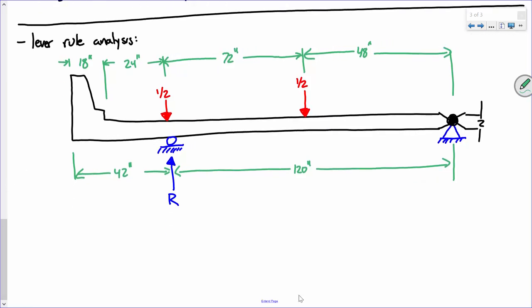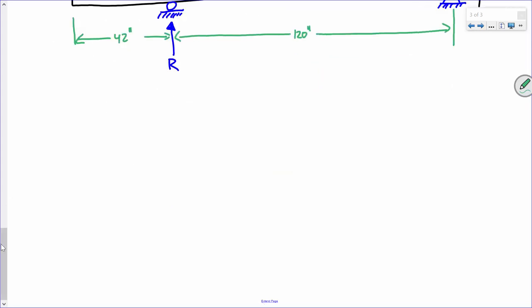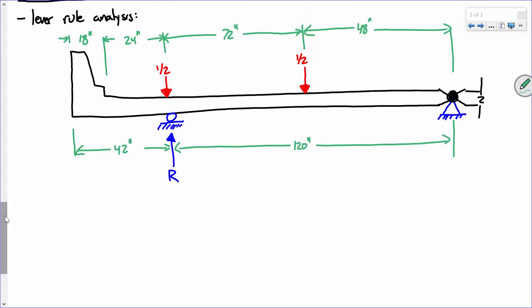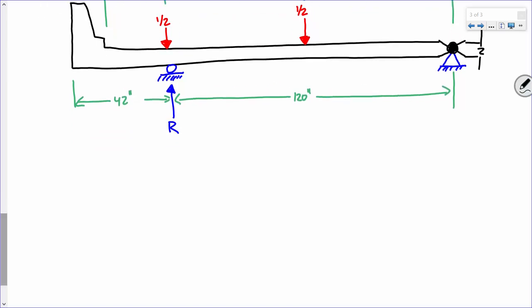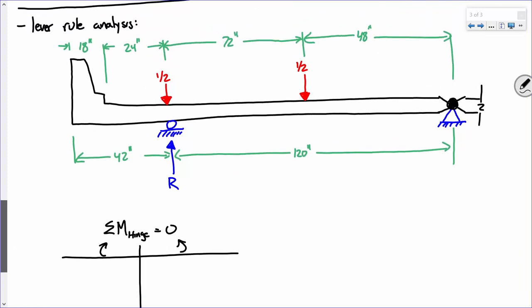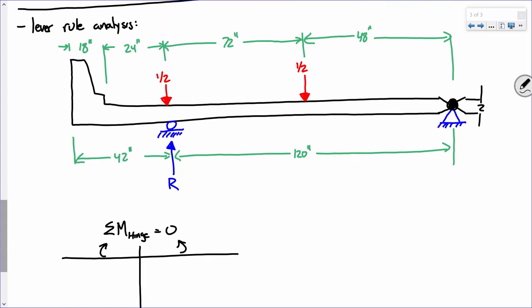Now, if you've never seen anybody sum moments, this is sort of the way I do it. Credit goes to Kerry Stauffer at Bluefield State, because once I saw him do this, I didn't do it any other way. So I'm going to sum moments at the hinge.